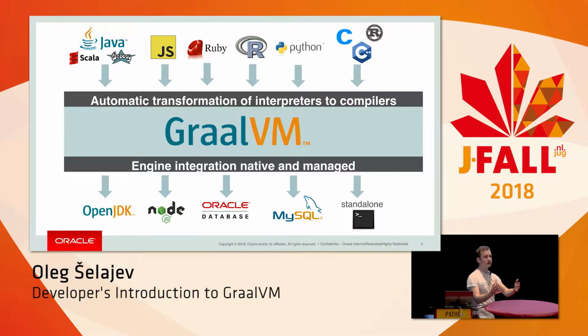If there is one takeaway slide, one picture that you'll remember out of this talk, I probably would like it to be this one, because it illustrates what GraalVM is and what its place is in the ecosystem of different runtimes and languages. So on top, we have the languages that GraalVM supports, and the support for the languages doesn't require a huge amount of effort. It's non-trivial, of course.